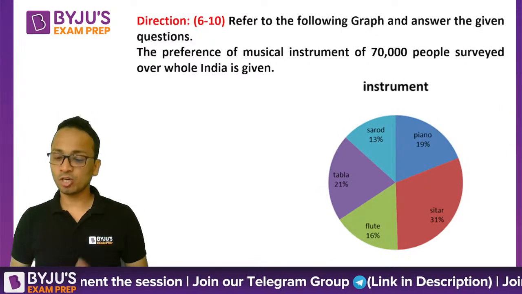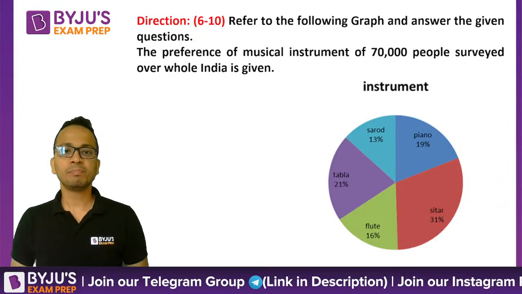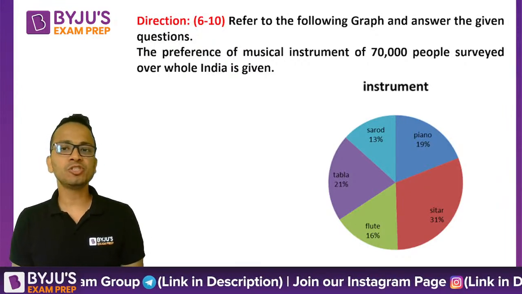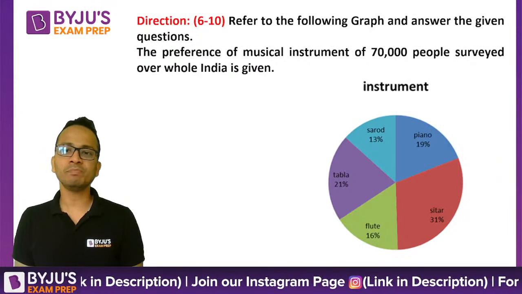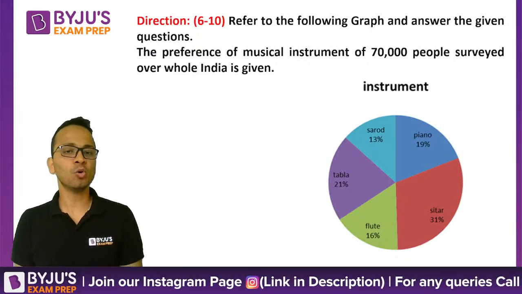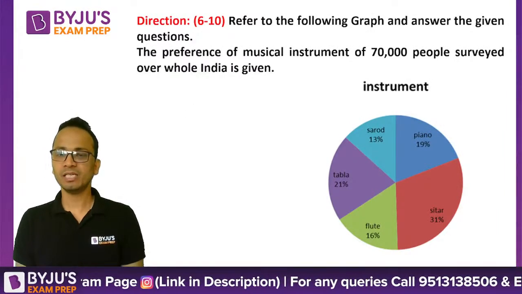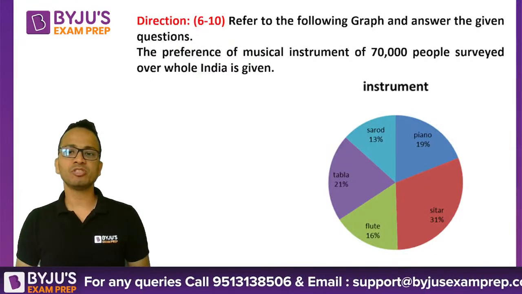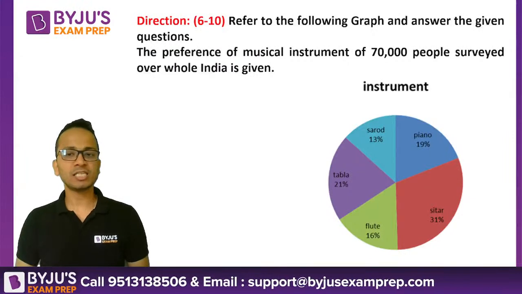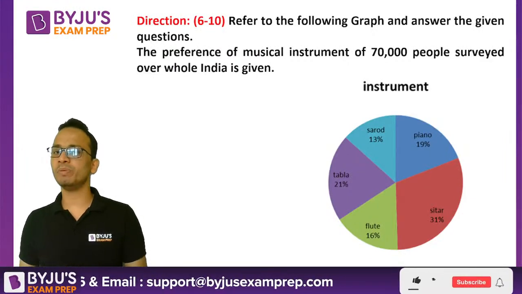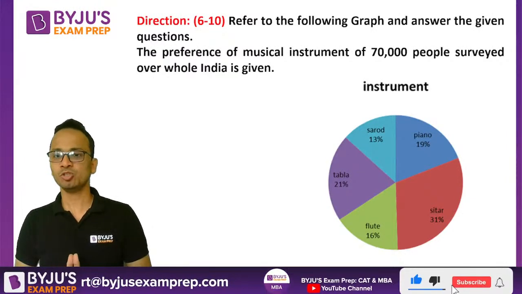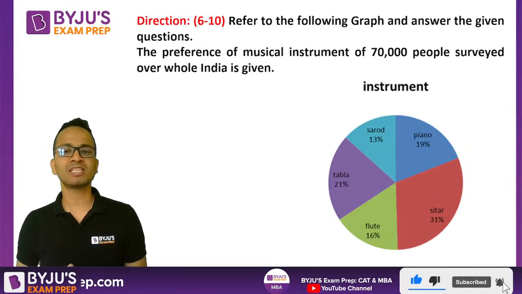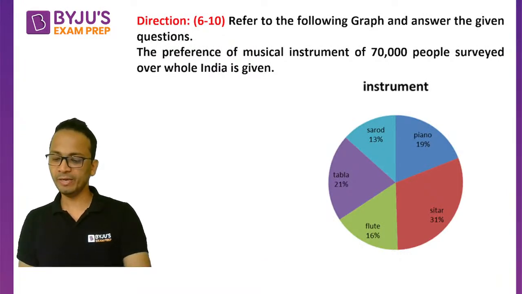So data says that, the preference of musical instruments of 70,000 people surveyed over whole of India is given. So 70,000 people are surveyed for the preference of musical instrument. Pie chart has given the percentage breakup for these 5 instruments: piano, sitar, flute, tabla and sarod. Okay?